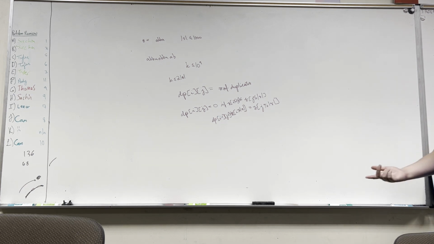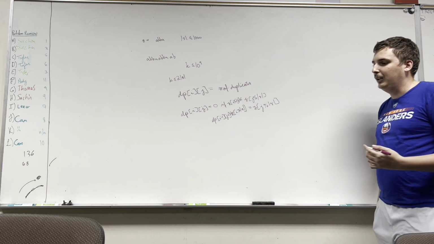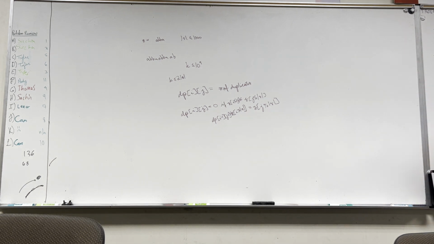So then to find how many unique substrings we have, we can go through each prefix of the string and say what is the maximum number of duplicates that occurs in this range, and subtract those out from your total answer.